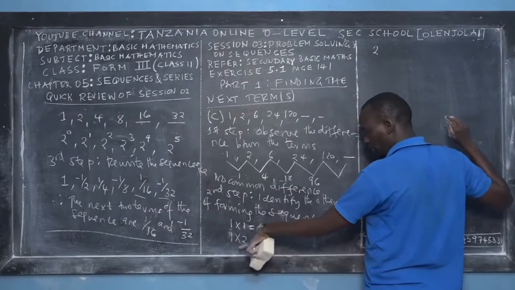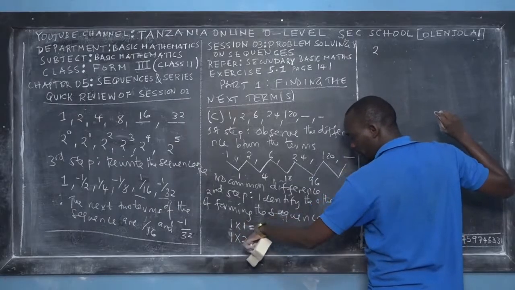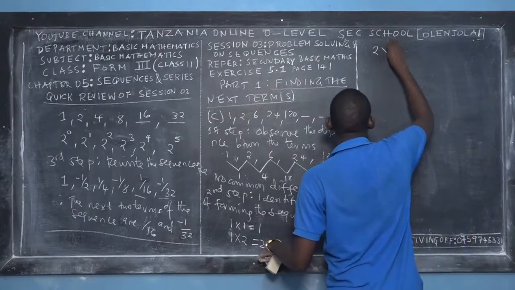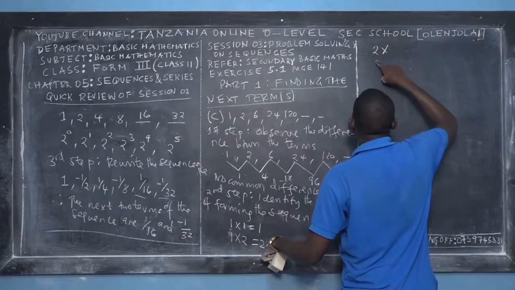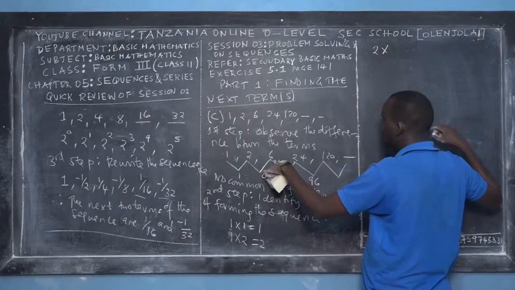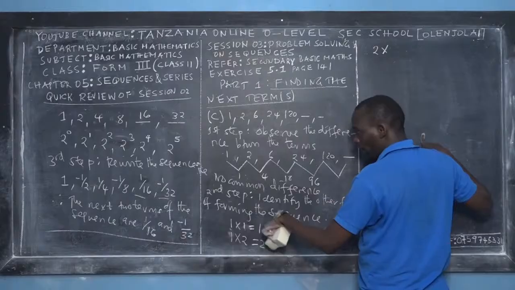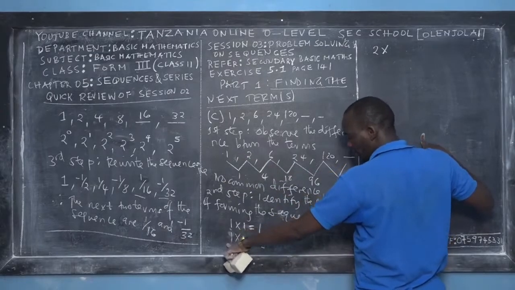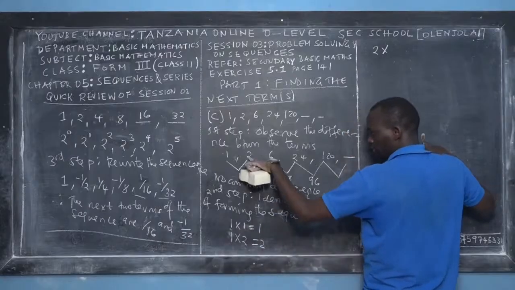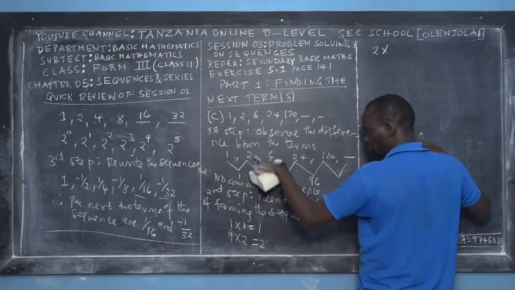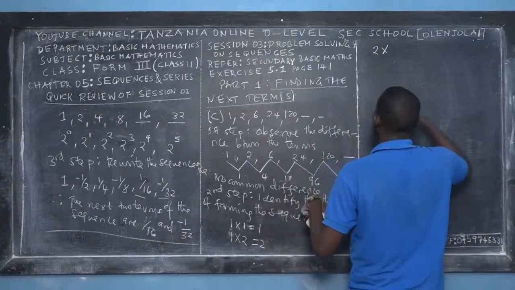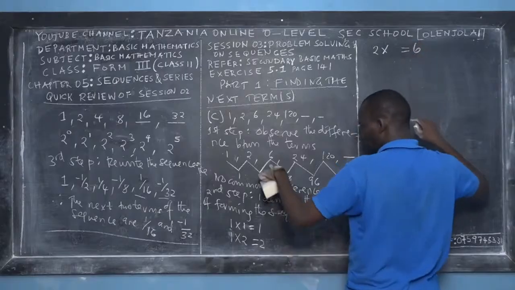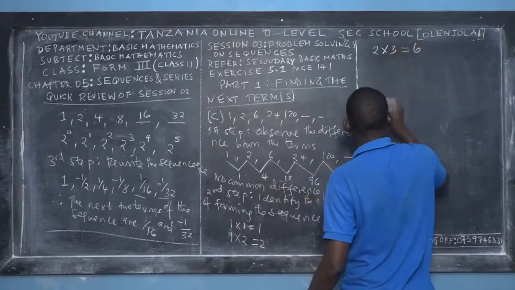Because here we took 1 times 2, we got 2. And then now we take the second term, which is 2. We think we should multiply this 2 by which number to get 6? Just like here, we took 1 times 1, we got 1. So we take 1, what should we multiply with 1 to get 2? The answer is 2, so 1 times 2 is equal to 2. Again, we have 2, we have to think, what should we multiply with in order to get 6, which is the third term? So the answer is 3.